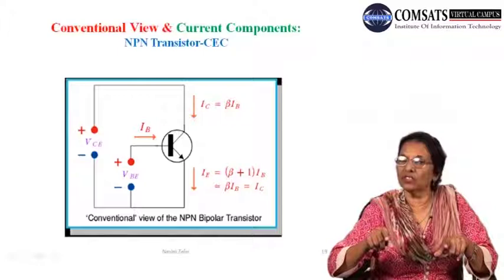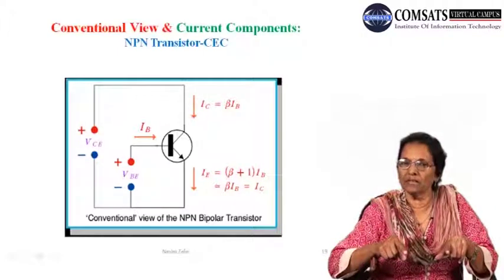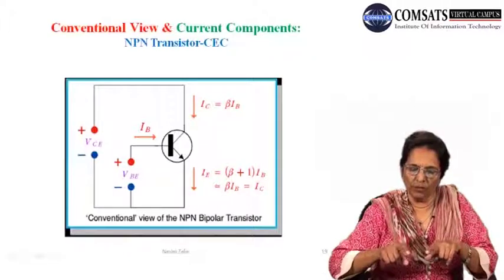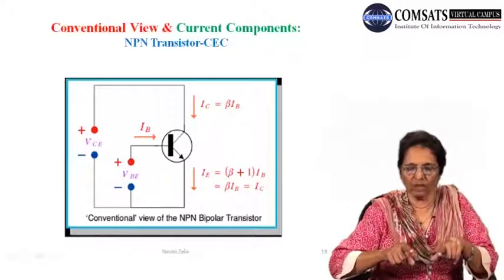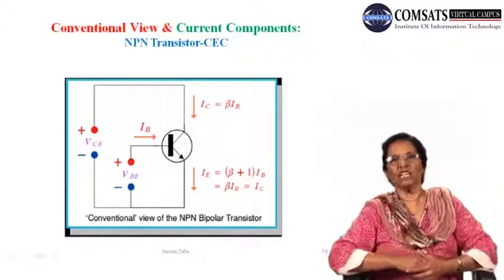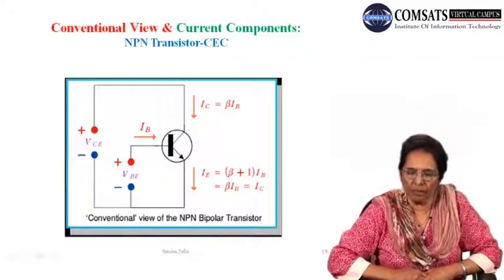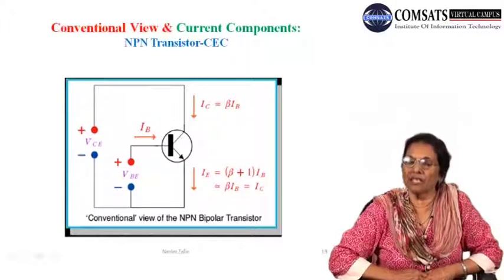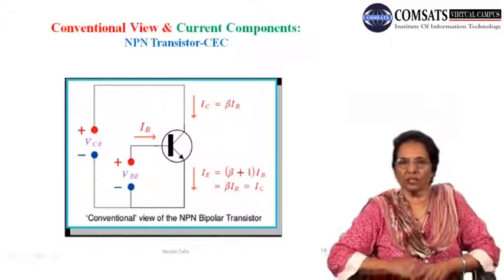The emitter is connected to the negative polarity for both the voltages, VBE as well as VCE. So VCE has to be larger compared to VBE, so that your emitter is at a relatively higher negative potential for the base collector junction.